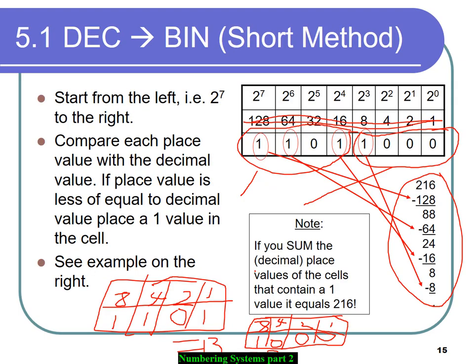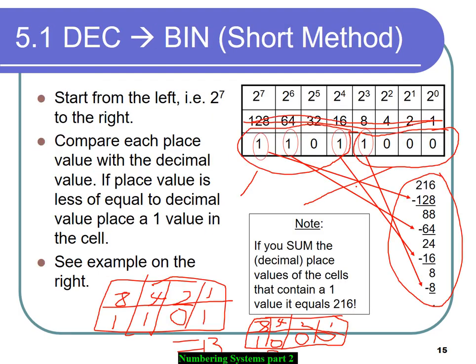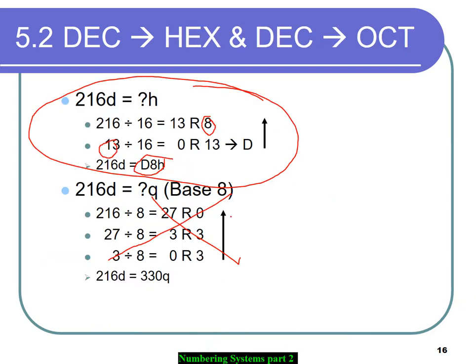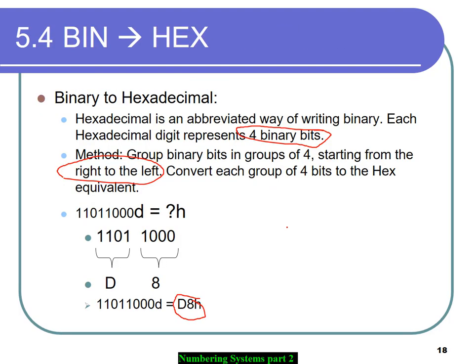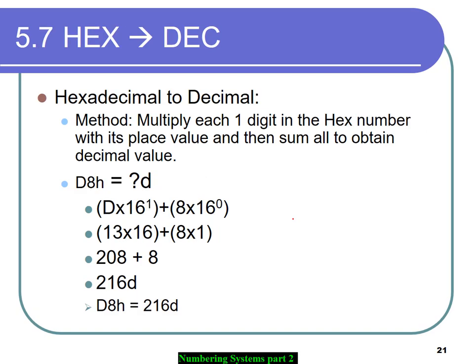Now D is actually not 13. Let's see what I'm missing. I'm missing a step. Okay, got it. So we weren't missing a step, we just needed to know that these are the figures. But now we need to convert this, and to convert this you have to go back to hexadecimal.